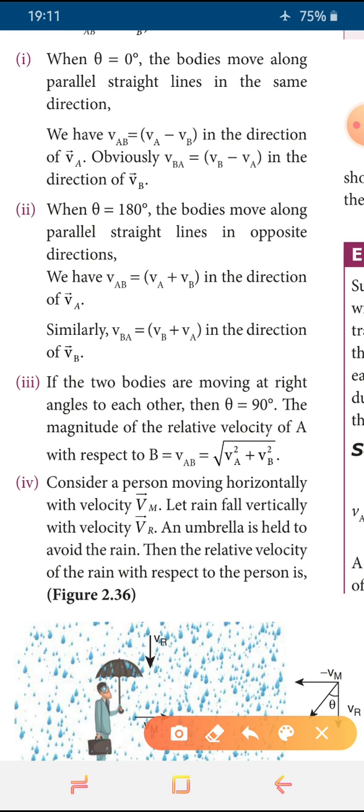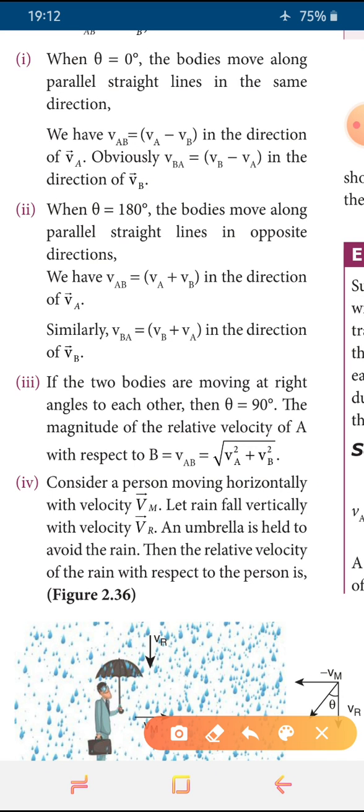Second point: if the angle between the two velocities is 180 degrees, then vab is equal to va plus vb in the direction of the va vector, or vba is equal to vb plus va in the direction of the vb vector. Third point: theta is 90 degrees, then vab is equal to the square root of va square plus vb square.